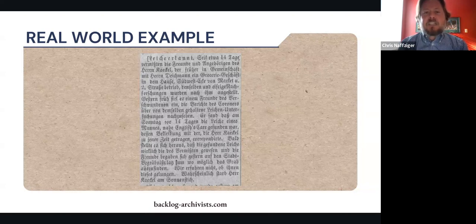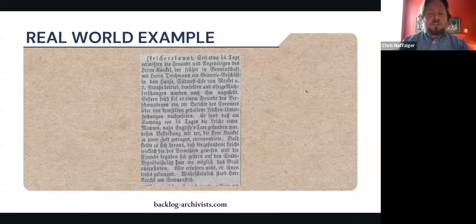And eventually, using my ability to read Fraktur type, I was finally able to track down a newspaper article about his death. What had actually happened is that he had died out in the countryside outside of St. Louis, but he didn't have any identification on him. So the authorities had buried him in the potter's field.